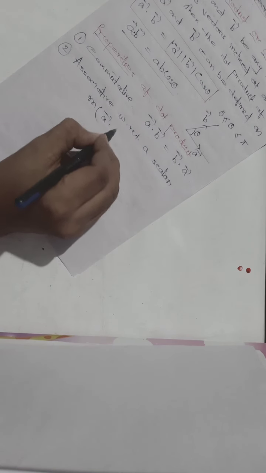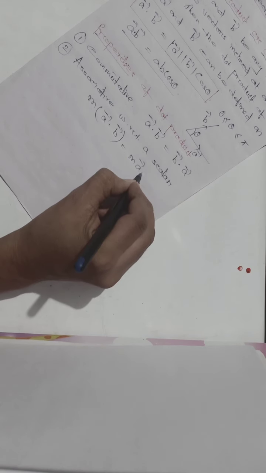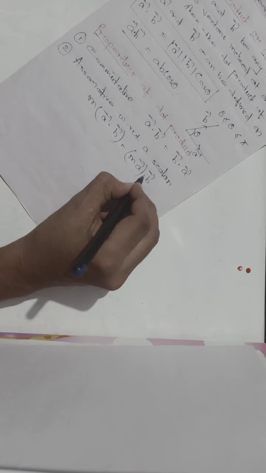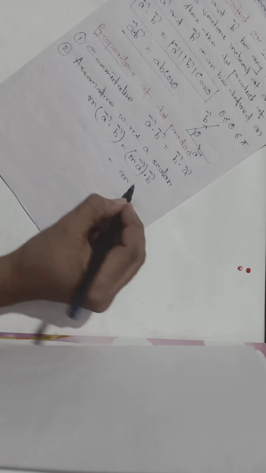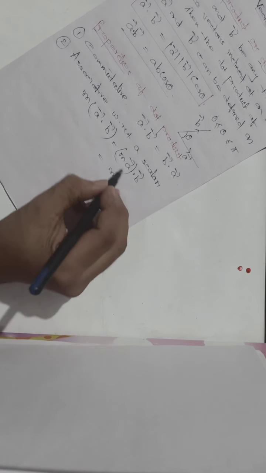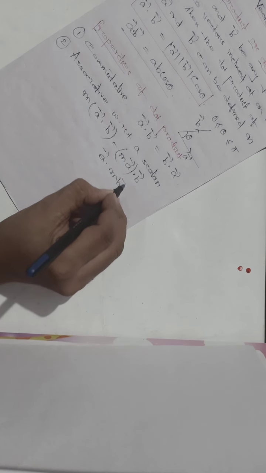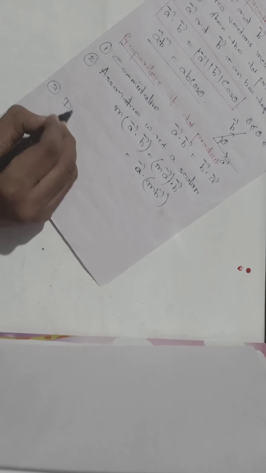For example, M into A dot B will be the same as M A vector dot B, or it is the same as A vector dot M B vector, right?